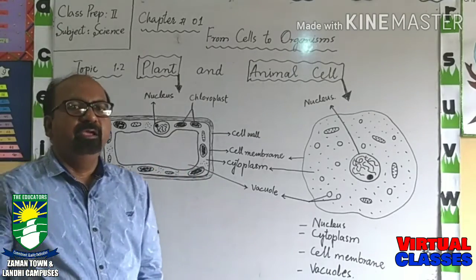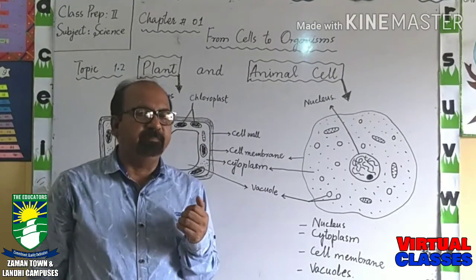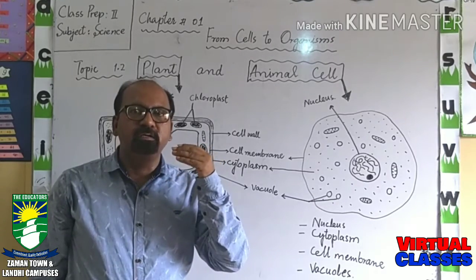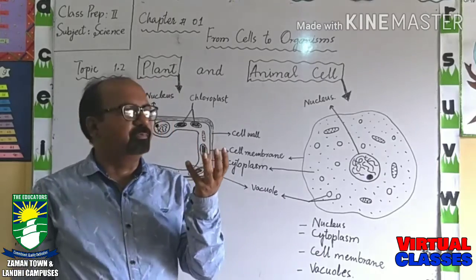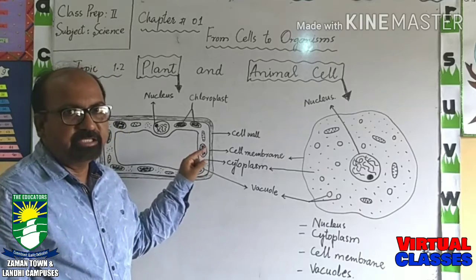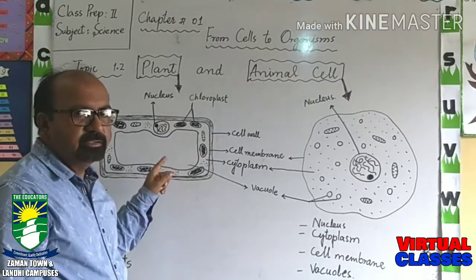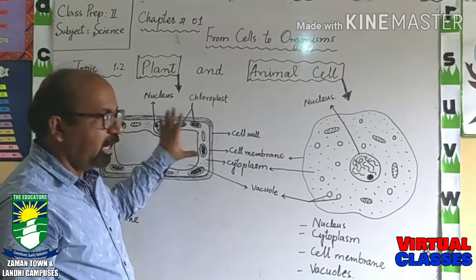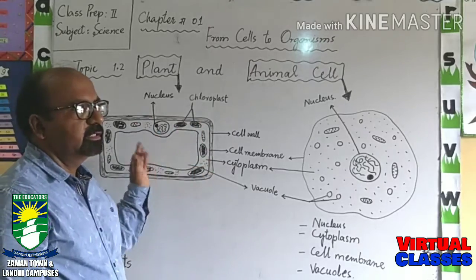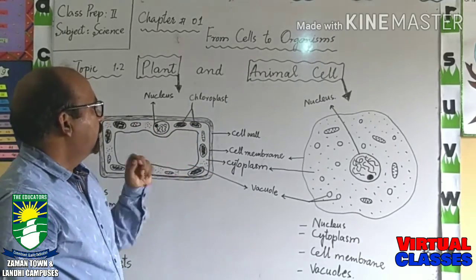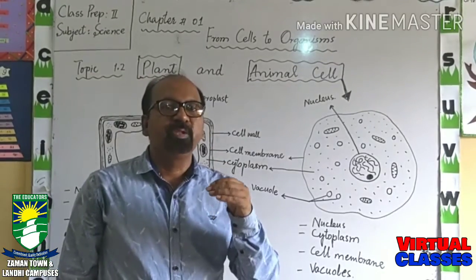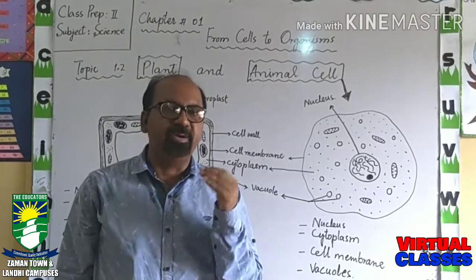When we talk about the cell membrane, first of all, regarding its type or texture, we can say that it is a thin layer which surrounds the internal parts of the plant cell, and it protects all the internal parts. The function of the cell membrane is that it is a partially permeable membrane.